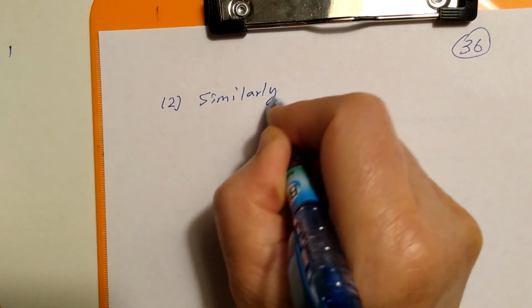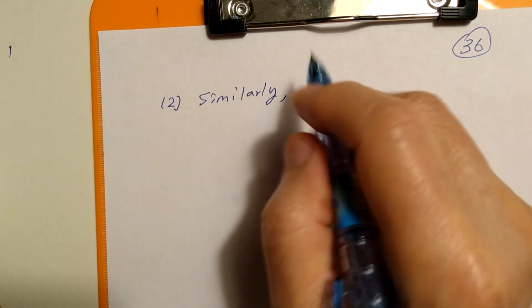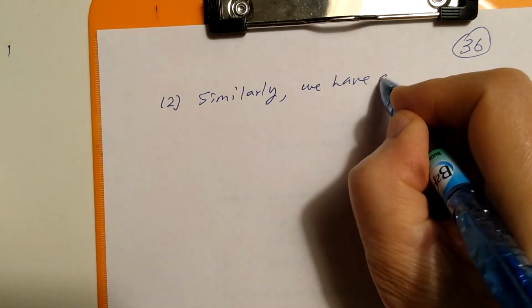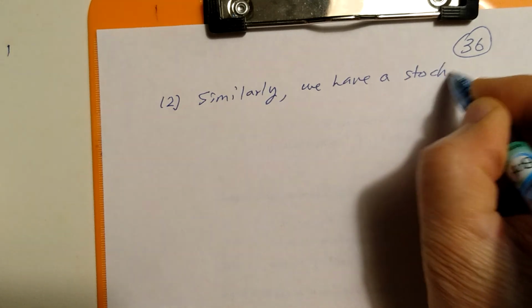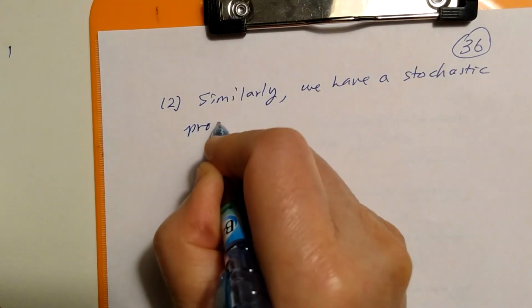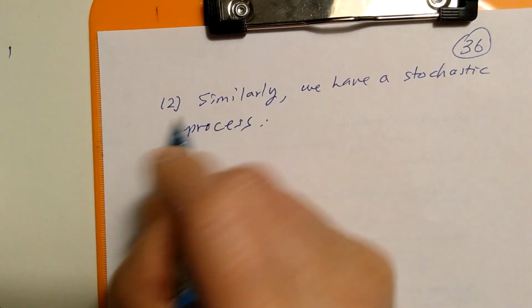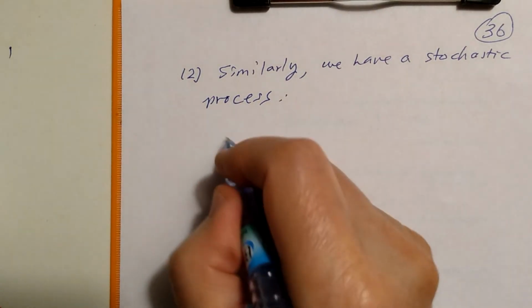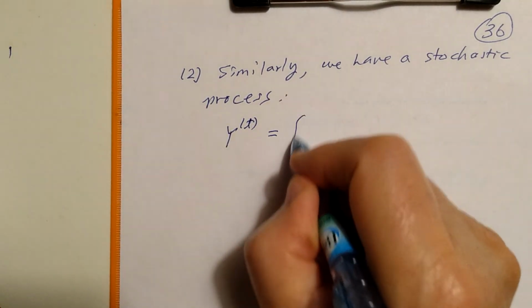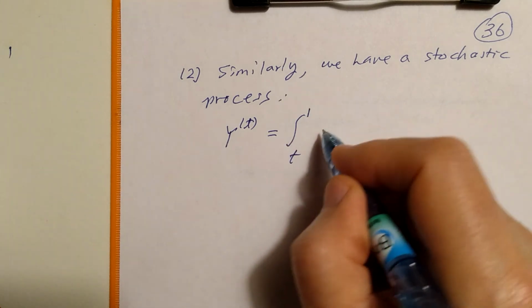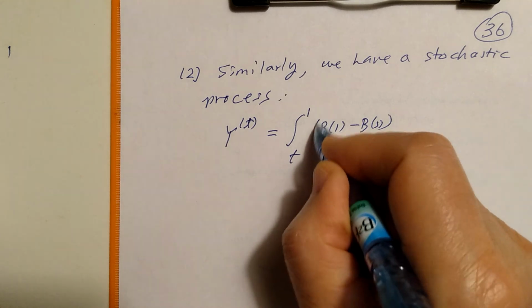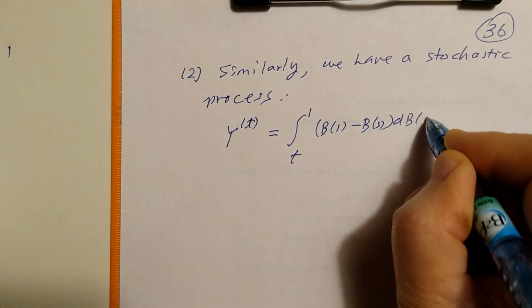Similarly, we have a stochastic process Y sub t being the integral from t to 1 of (B1 minus Bs) dBs.